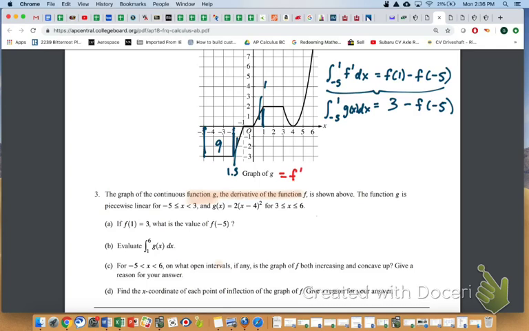So this would be negative 9 minus 1.5 plus 1 equals this. And then hopefully I would correctly use a little bit of algebra and arithmetic to solve for f of negative 5. Remember from practicum, you could do this.